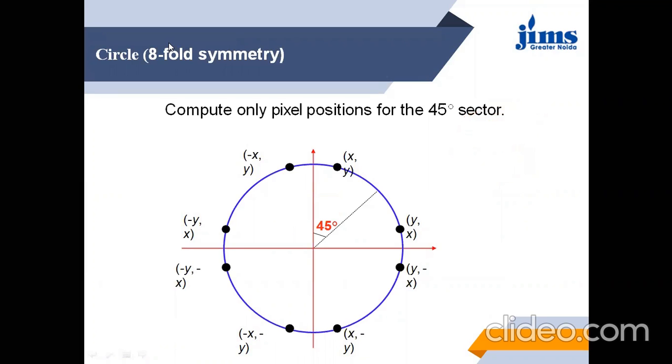What happens if I divide this circle into four different parts? There are four quadrants: the first, the second, the third quadrant, and the fourth quadrant.